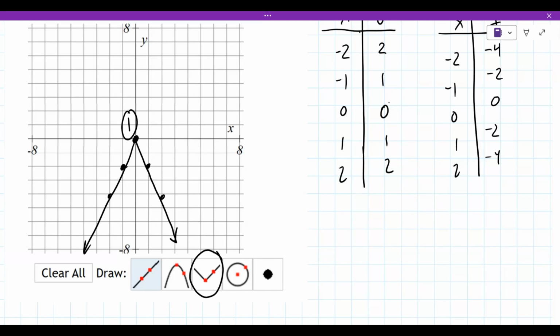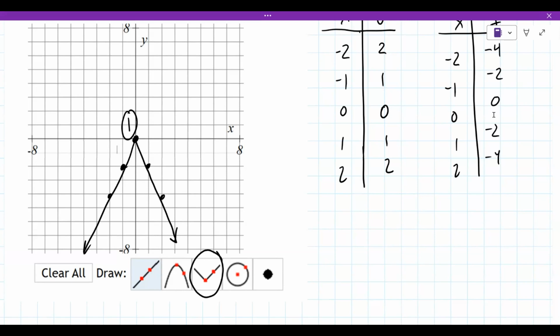In this case, the vertex would be 0, 0. And then we'll do x of 1 or -2. So 2 times 2 for -4.